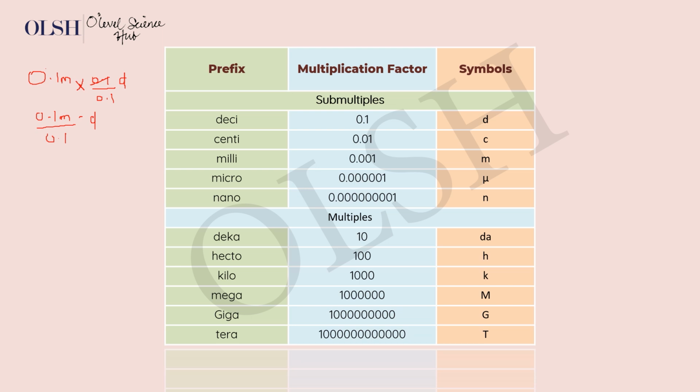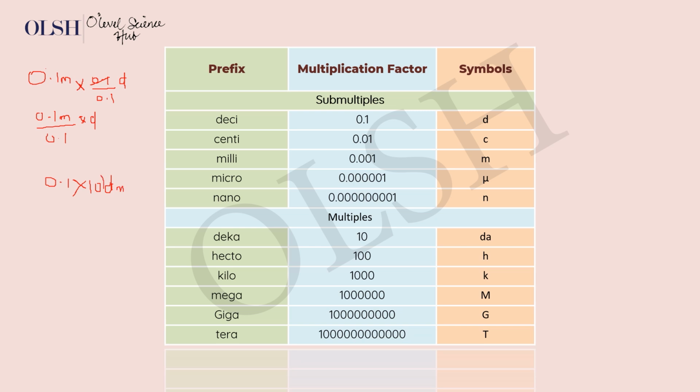We can have this as our answer, but then this goes into this other numerator here. So we're going to have 0.1 decimeter divided by 0.1. If we solve this out, it's the same thing as saying 0.1 times 10 raised to the power 1, or times 10, then we have decimeter.